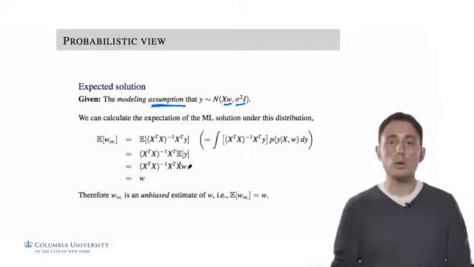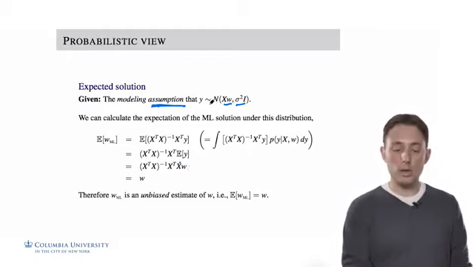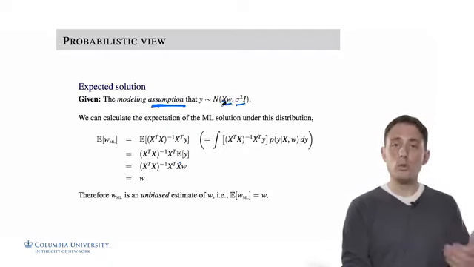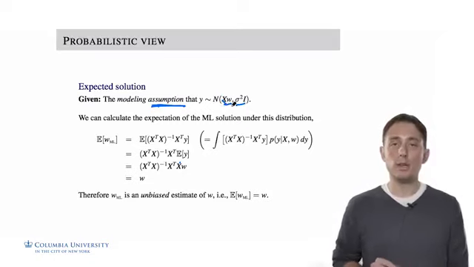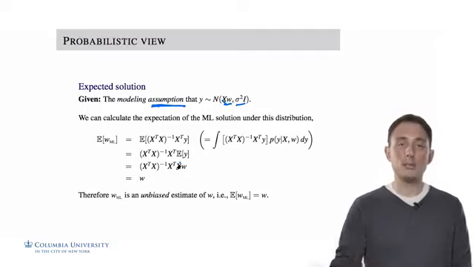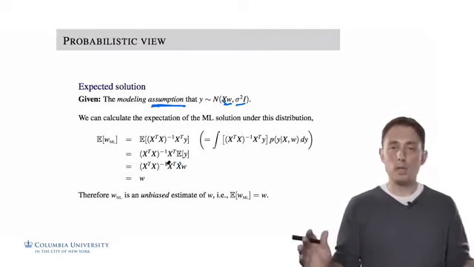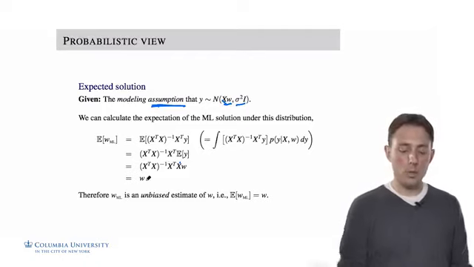Again, we don't know w, but we're making an assumption that there exists some w. And so the data has this mean, where the ground truth of what w is was plugged in in order to generate the data. So we replace the expectation of y with its mean, even though we don't necessarily have a value for w. And then we find that here we have x transpose x, here we have x transpose x inverse. That matrix product cancels out, and we have w.